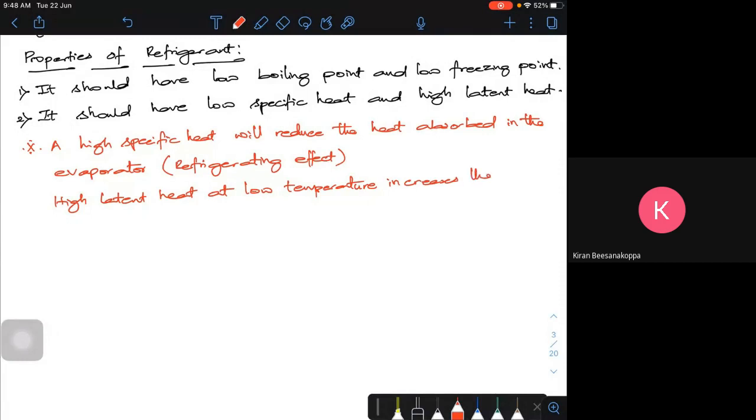A high latent heat at low temperature increases the heat absorbed in the evaporator. The refrigerating effect will increase. Here, with high specific heat, the refrigerating effect will decrease.